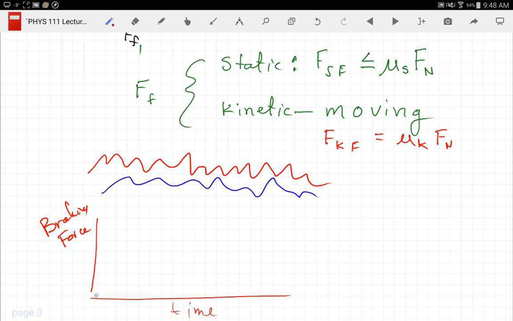And so the force of friction is quickly going to go from very low up to its maximum value for static friction, and then it will drop down to its kinetic friction. Since the coefficient of kinetic friction is always lower than that of static friction, your braking is not as high as it would have been if you weren't skidding.